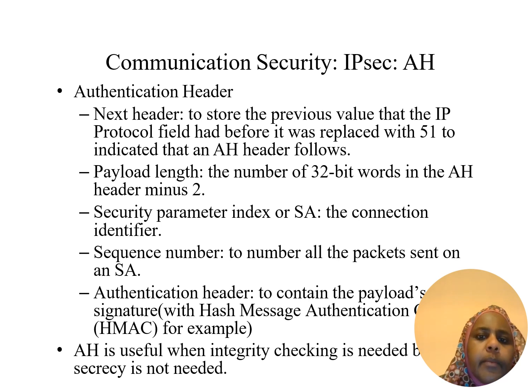The security parameter index, or the security association, is the connection identifier. The sequence number numbers all packets sent in a certain security association. The authentication header contains the payload signature, a hash signature with a hashed message authentication code, for example. The authentication header is useful when an integrity check is needed, but not secrecy.